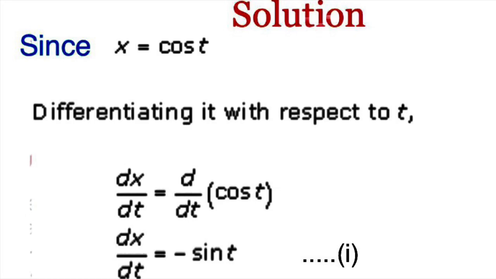Since x is equal to cos of t, now we are going to differentiate it with respect to t. So we'll get dx upon dt equals d upon dt of cos t. Since we know that the derivative of cos t is minus of sin t, dx upon dt equals minus of sin t, which is equation number 1.